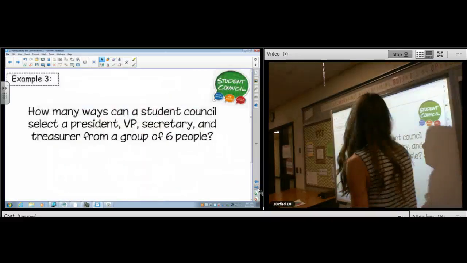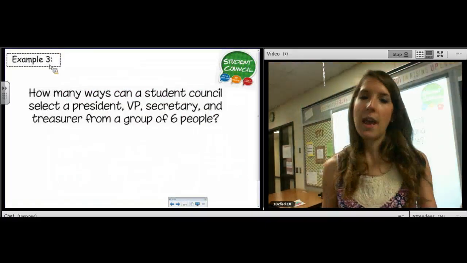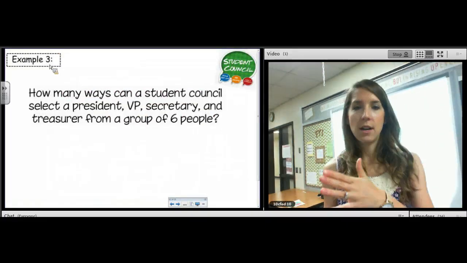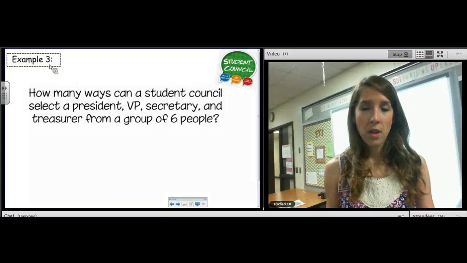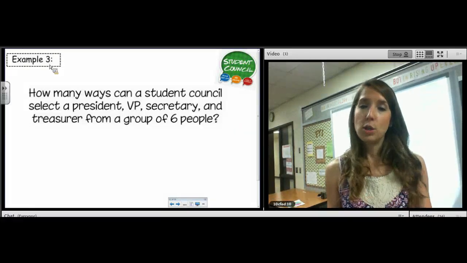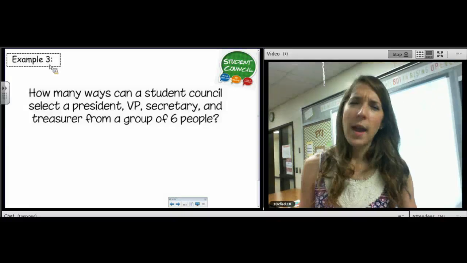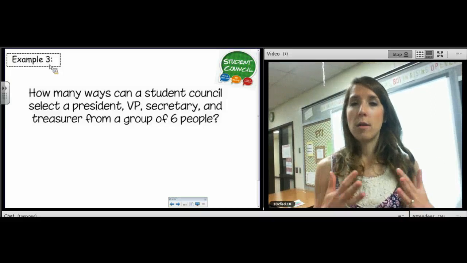Okay. So we've got a student council. There's 6 people on student council. We're going to vote for 4 positions. President, vice president, secretary, and treasurer. How many different ways can we choose those 4 positions from 6 people? So every time you're asked a problem like this, you always need to ask yourself, does order matter?